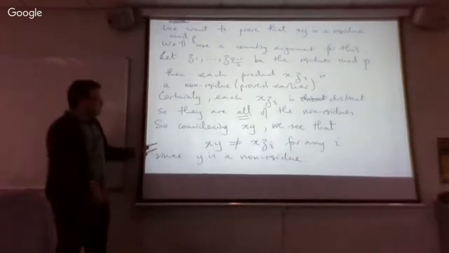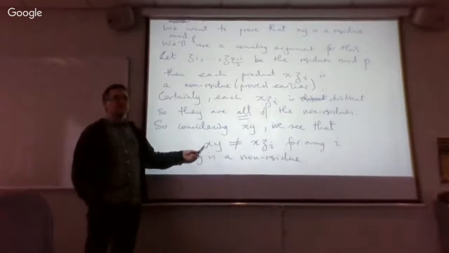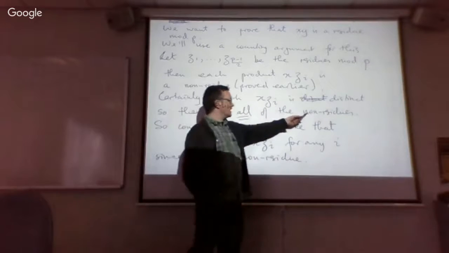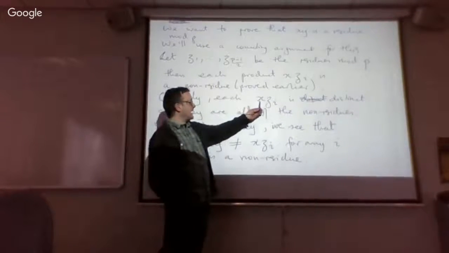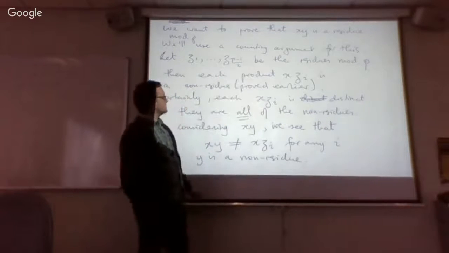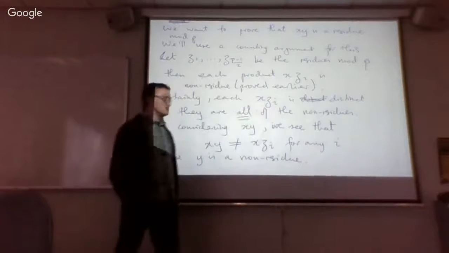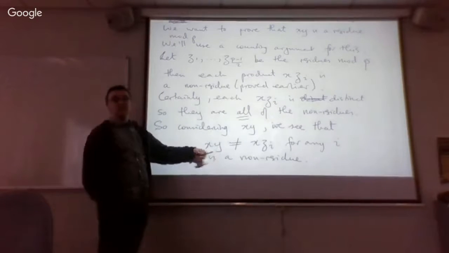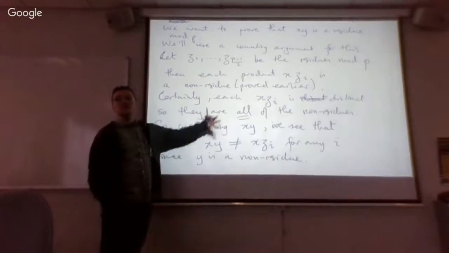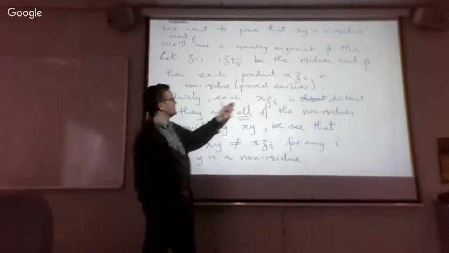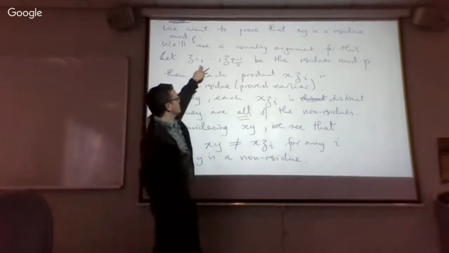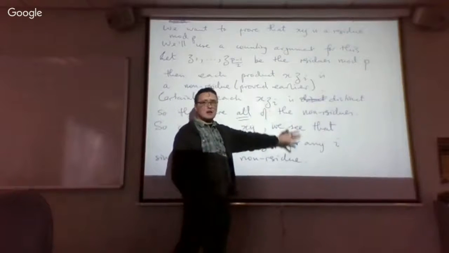So what's the only remaining choice for this? Because we've already said that x times a residue is a non-residue, and when you go over all of the residues, that accounts for all of the non-residues. So x times y can't be a non-residue, because they've all been used up. When we take products with x, when you multiply x by the residues, each of those products has to give you a non-residue.